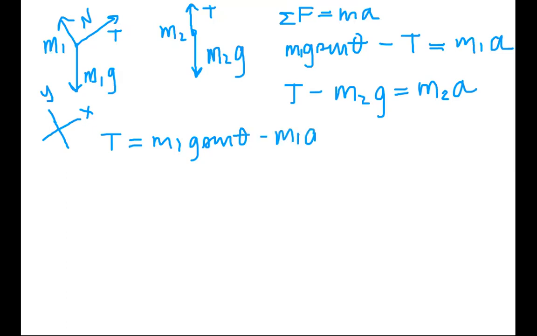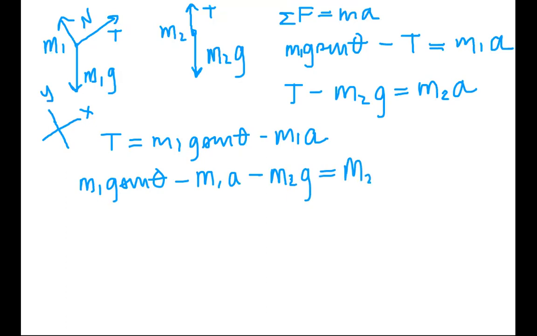And then I can just plug that into the second equation, and I get m1g sine theta minus m1a minus m2g, sorry, equals m2a. So that's just me replacing the t value with what I solved for. Therefore, this problem is in terms of the variables that we want, but at the moment it's a little too messy. This wouldn't be a good way to answer the question.